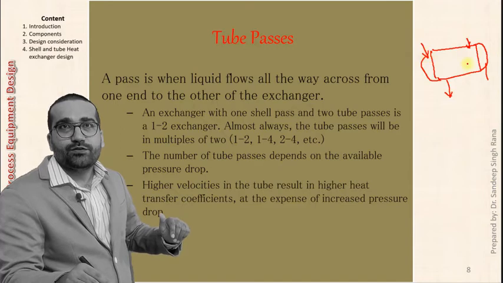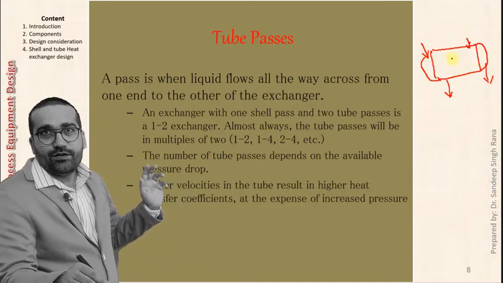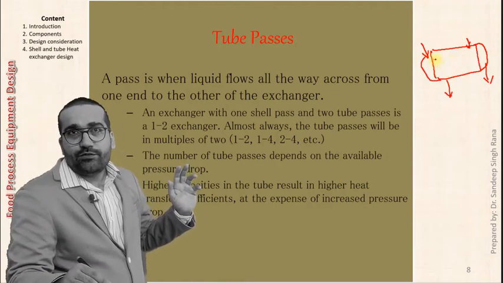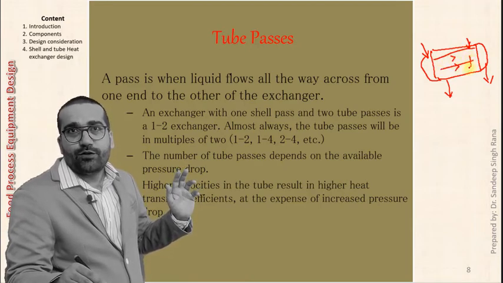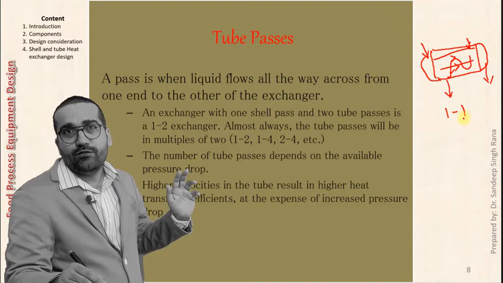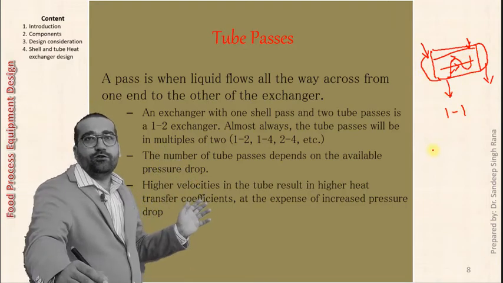Correct. So if it is 1-1, how can we make it 1-1? Our flow will be like this for tubes, and for our shell it will be like this, the shell flow. So this is 1 type. Only one single flow of tubes, one single flow of shell.